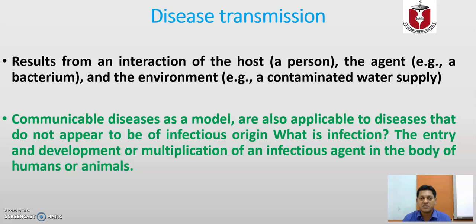Tuberculosis can be transmitted from one person to another through the droplet nuclei of the agent Mycobacterium tuberculosis. Coughing and sneezing, or contamination with the Mycobacterium tuberculosis droplet, spreads it from one person to another. This process is known as transmission, and disease transmission in this sense is known as communicable disease.